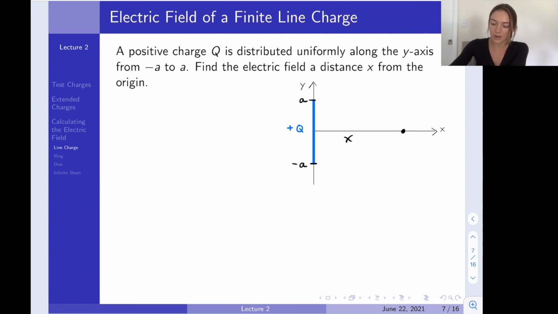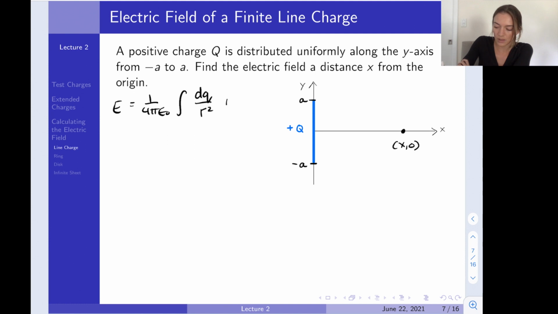So this point out here is just some general point at x comma 0, and it's midway between the two edges of our line charge. So let's find the electric field. We're going to write our equation. We've got dq, r squared, and then r hat.